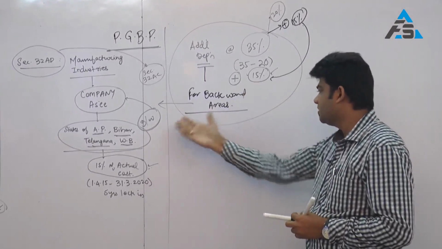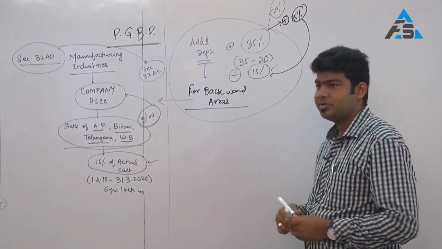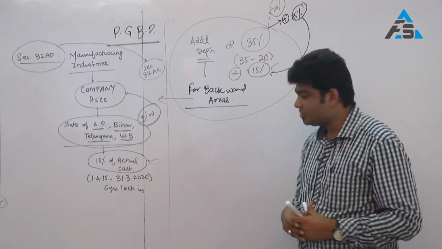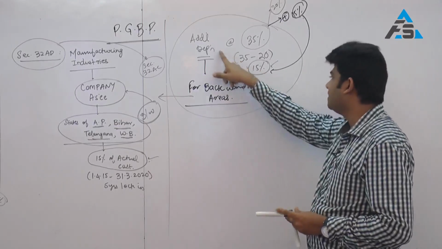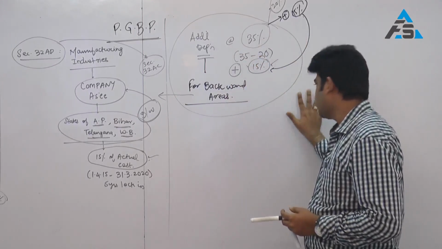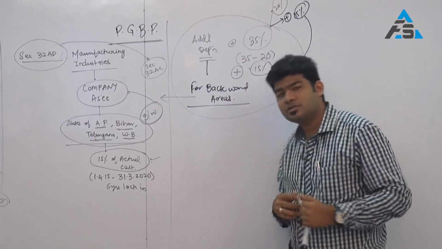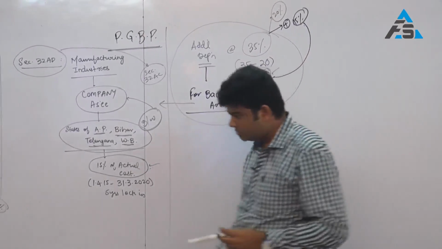Again, a welcome change for Andhra Pradesh, Bihar, Telangana, West Bengal, who are setting up their new industries and purchasing plant and machinery. Same concept will apply here. If it is used for less than 180 days, then this additional depreciation of 35%, again in the current year 50%, the balance in the next year. So these are the three amendments which have been brought to Finance Act 2015.